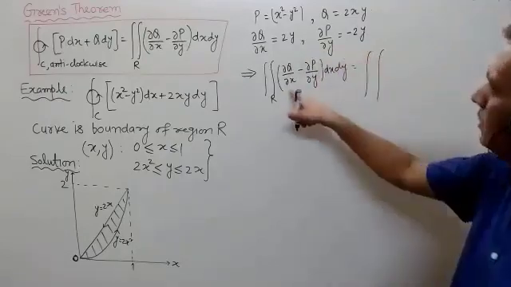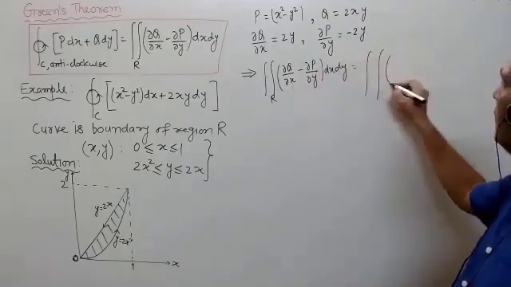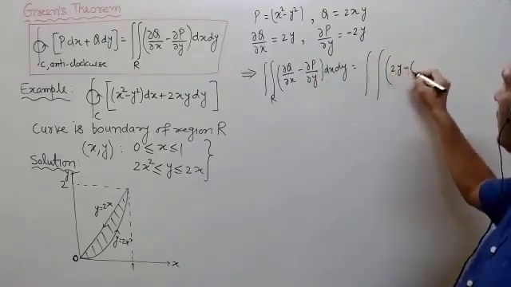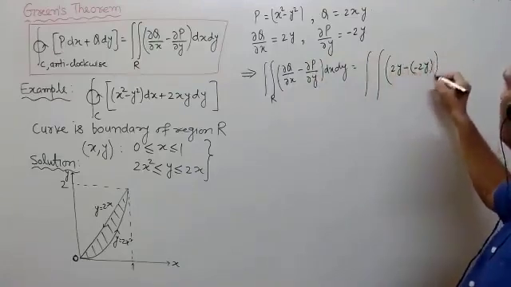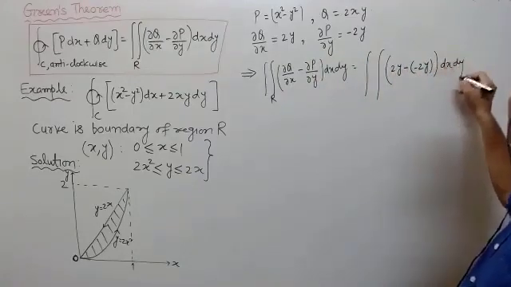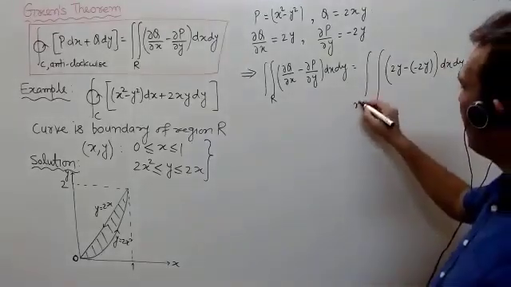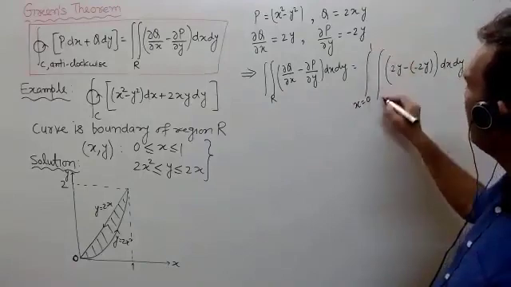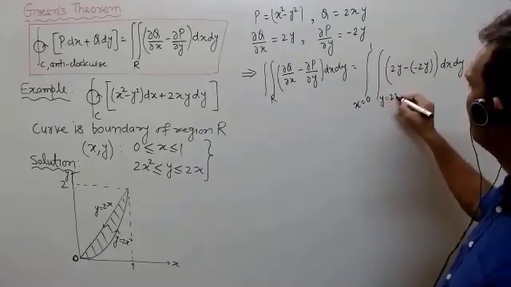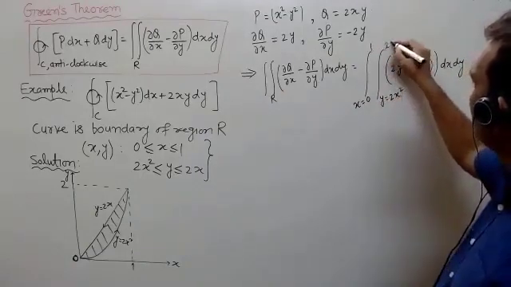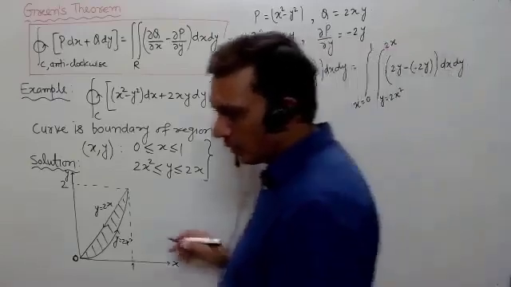So what will be this? This is 2y, and minus of minus 2y dx dy. So what will be limit of x and y? So x varies from 0 to 1 and y varies from 2x square to 2x. Now evaluate this integral.